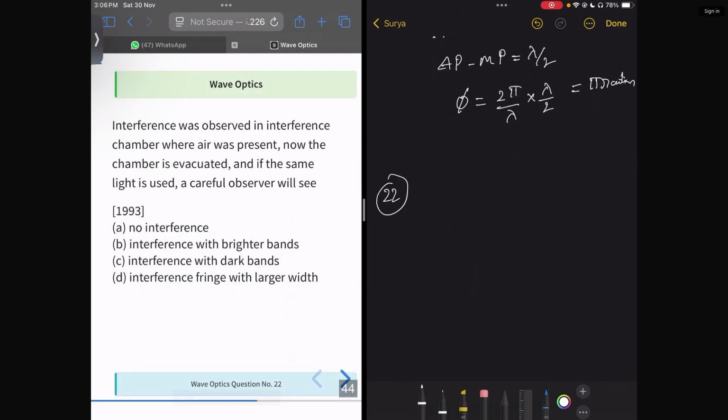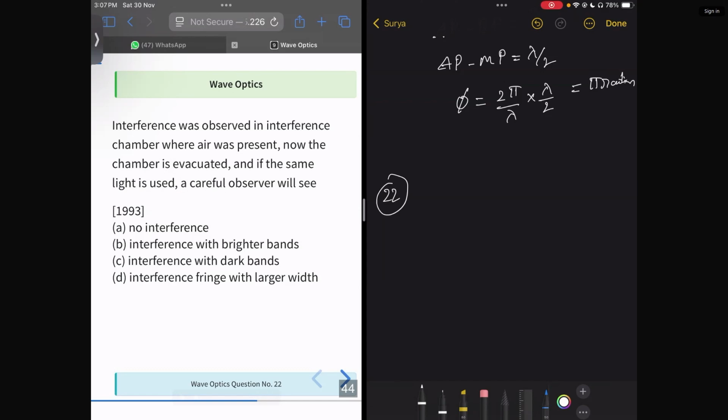Interference is observed in an interference chamber where air is present. Now the chamber is evacuated, and if the same light is used, a careful observer will see what?